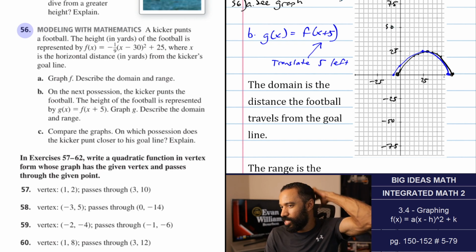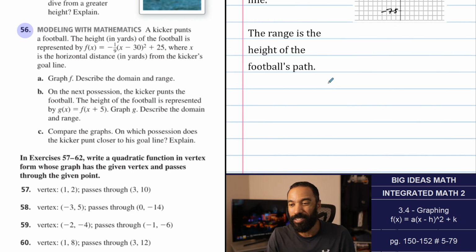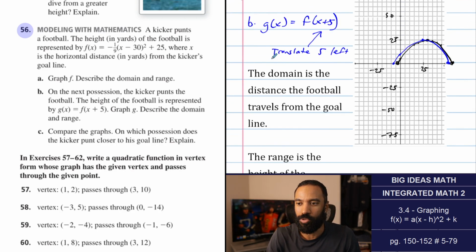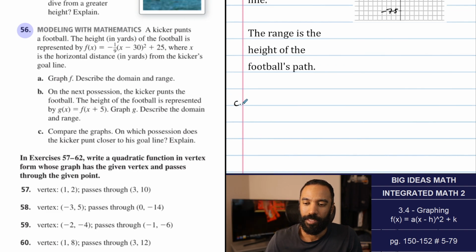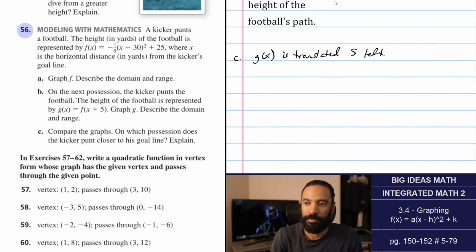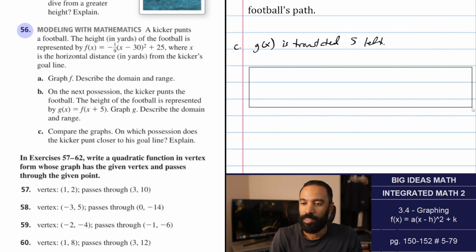So I imagine they're saying they're kicking it off the ground. That's just my imagination. So when they say compare the graphs, this is translated 5 to the left. So graph G of X is translated 5 left. That is the comparison. I gotta type this.